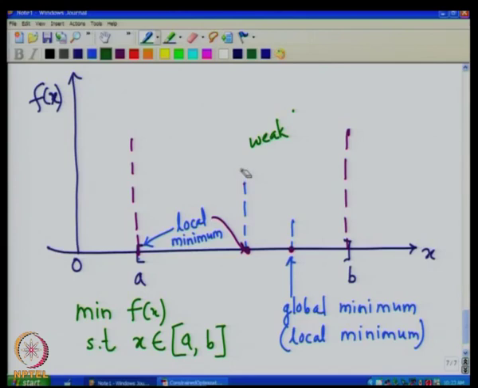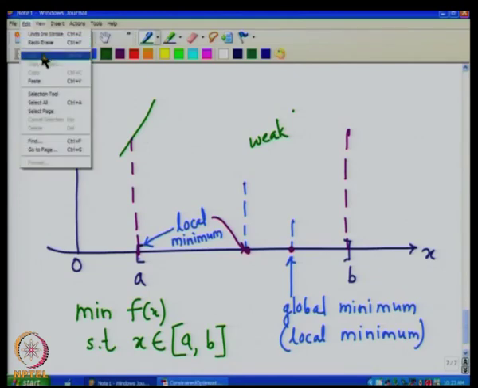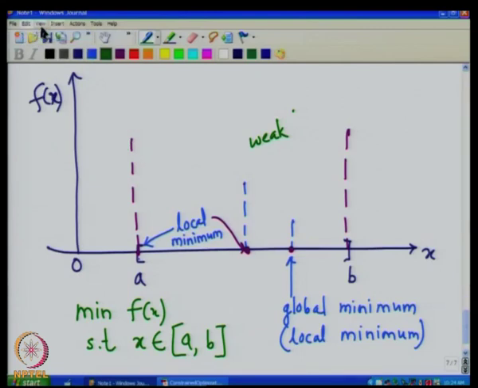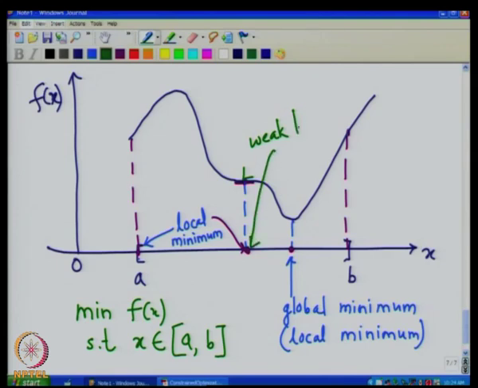So, the corresponding point is also a weak local minimum.